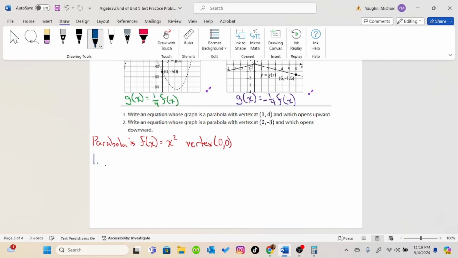So now we would say f of x equals, we need to subtract 1 from x to have the shift to the right. So that's x minus 1 in parentheses squared. Now to shift it up by 4, we need to add 4 outside the parentheses. And this would be the equation for number 1.